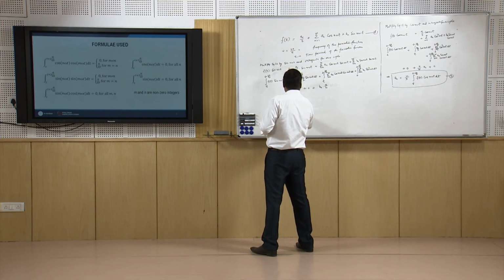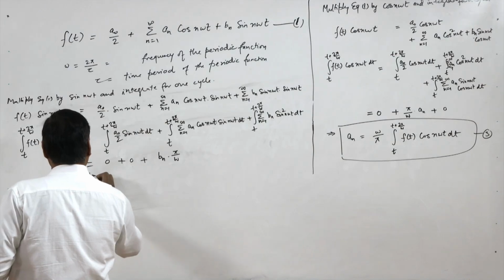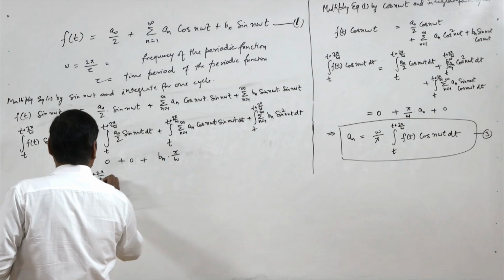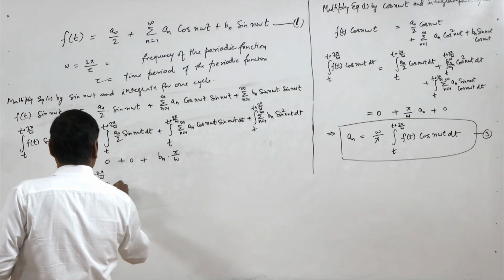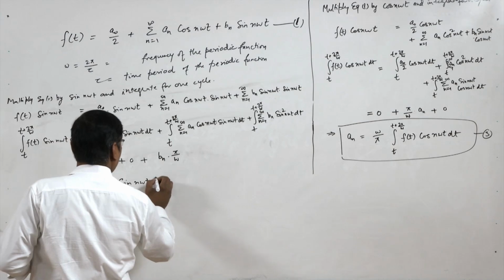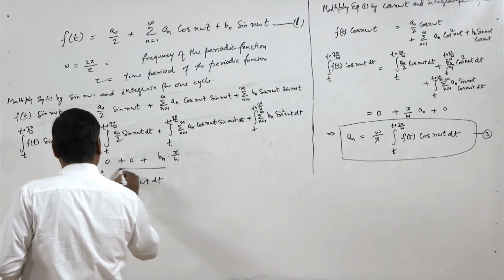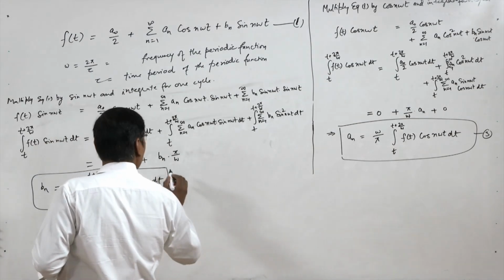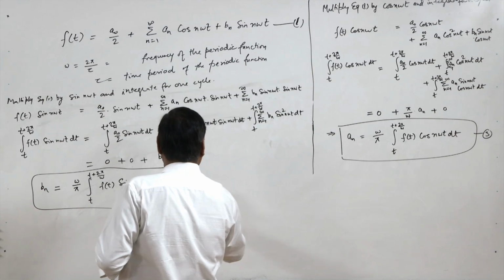Now we can write from here bn equal to omega by pi times the integral from t to t plus 2 pi by omega of f(t) sin n omega t dt. So this is equation number 4.